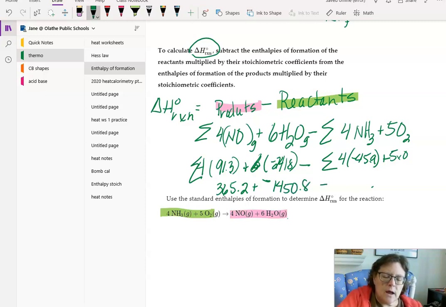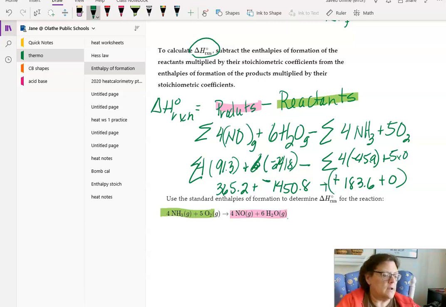And then we're going to subtract 4 times negative 45.9. And we get negative 183.6 plus 0. All right, subtract something that's negative, you end up adding them.